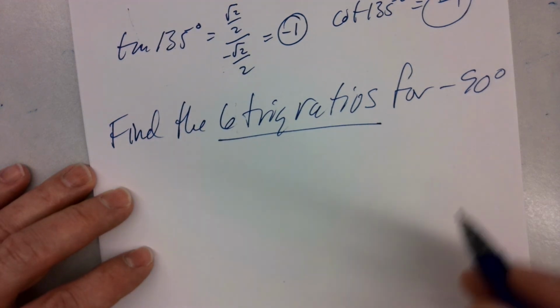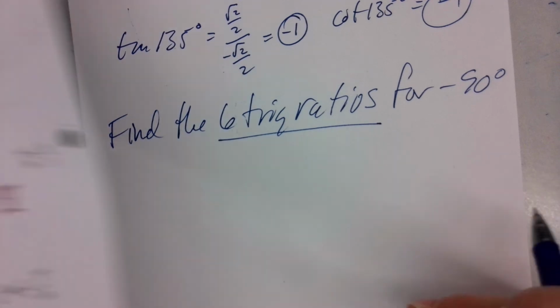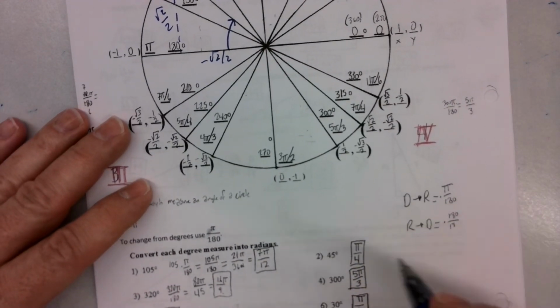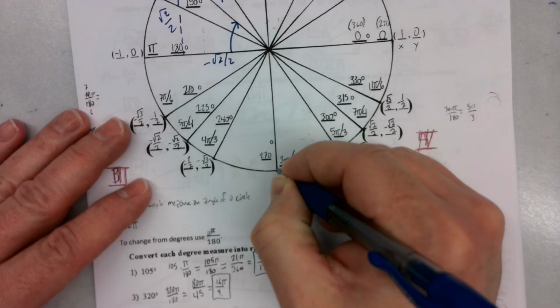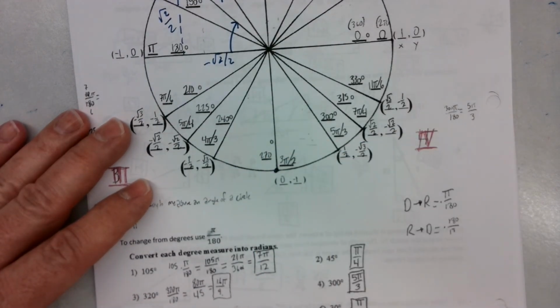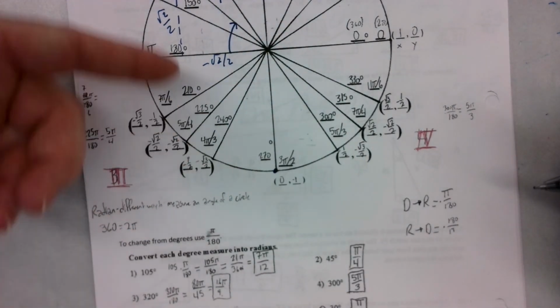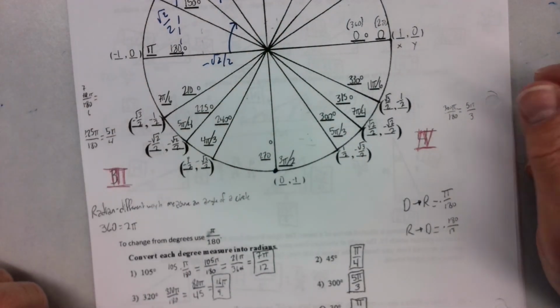Now, where's negative 90 at? It falls right on a line, doesn't it? What can't I generate if it falls on a line? A triangle. Because my triangle would go straight down. So your triangles have to be made with the horizontal, right?